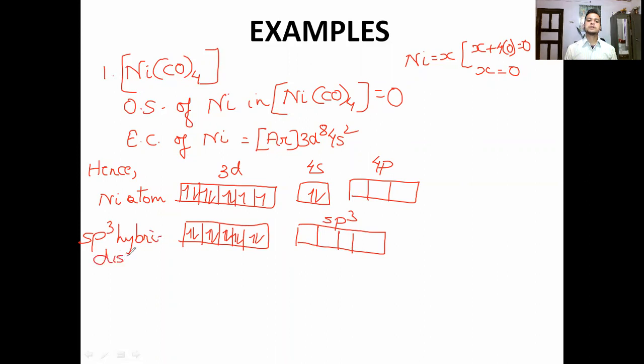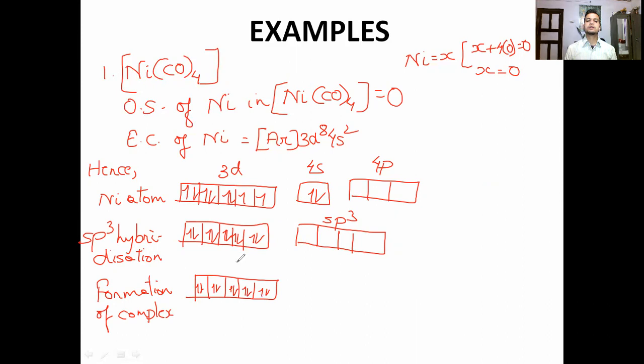Once we get sp3 hybridization, our next job is the formation of the complex. The complex forms by donation of an electron pair from each carbon monoxide ligand to the central metal atom.